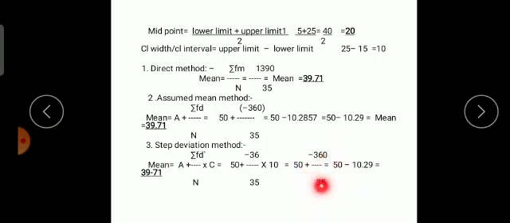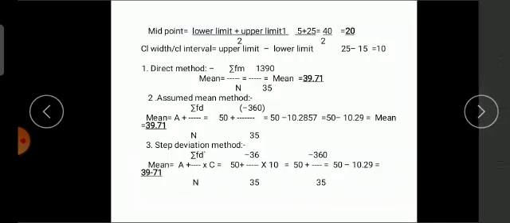Then you get 50 minus 10.29, where the final answer is 39.71. So all three methods give you the same answer, which shows that your solution is correct.